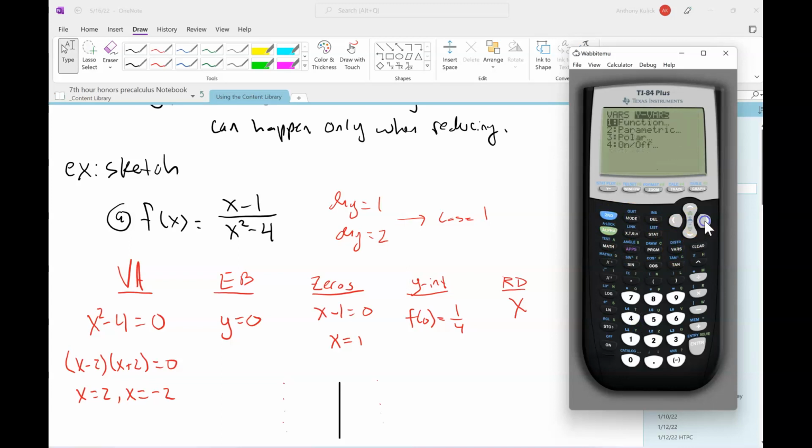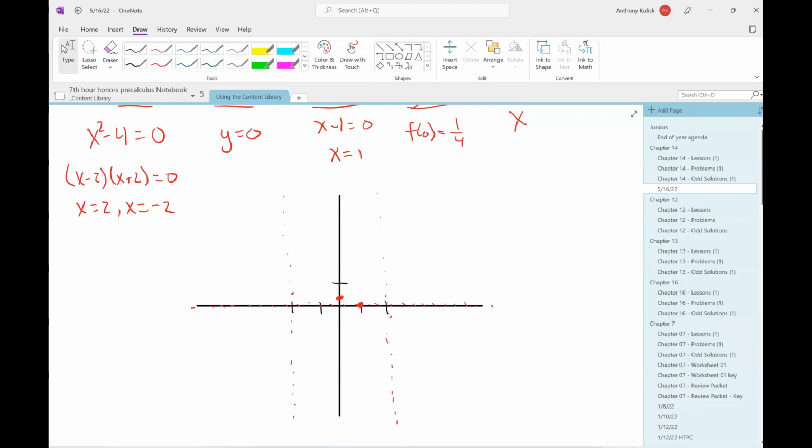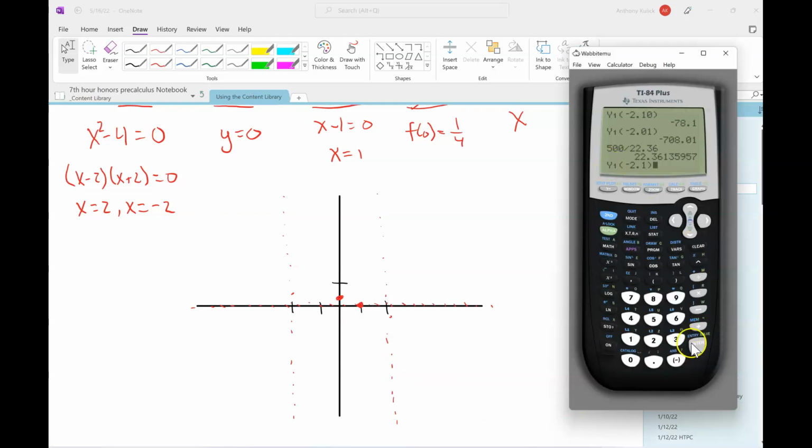Then I can use the yvars function, and then I can just use the function notation to plug these in so I don't have to keep typing stuff in over and over again. It's just a little bit quicker for me. So the two values I'm going to pick on the left-hand side of this asymptote are -2.1 and then -2.01. So I'm going to get a little bit closer to that asymptote and see what's going on.